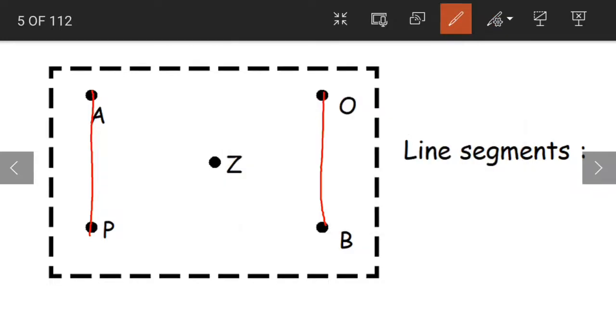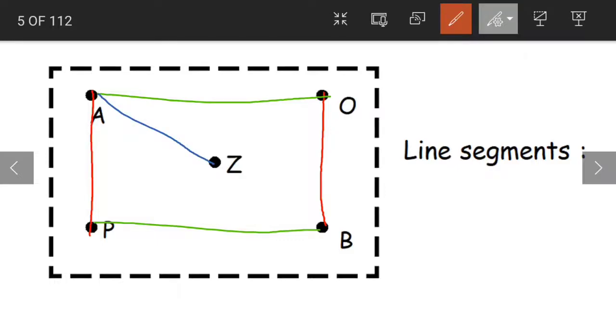You can also join AO, PB, or even these two. So these are the many line segments that we can draw using the given 5 points.